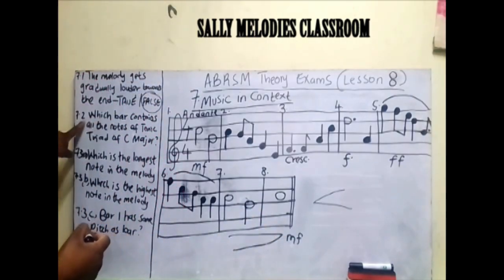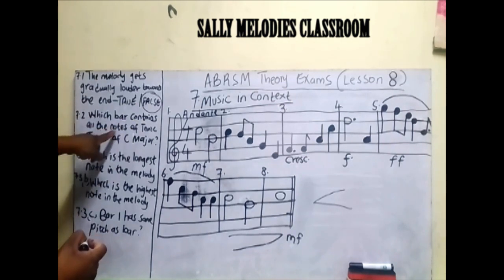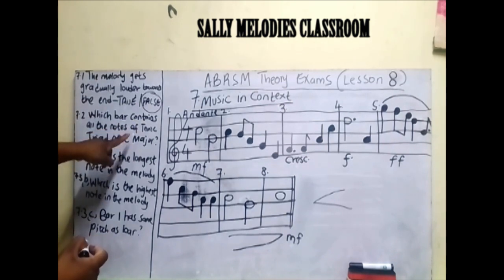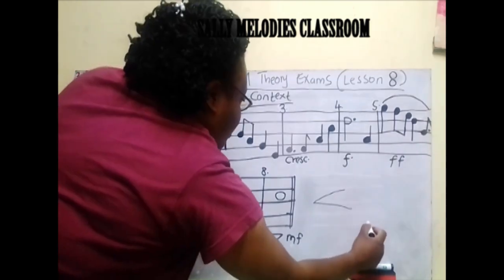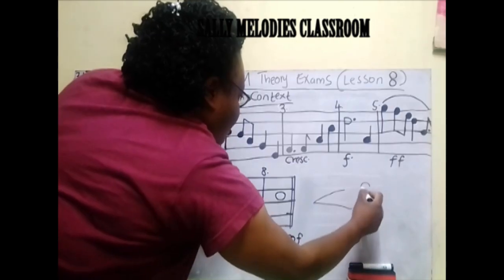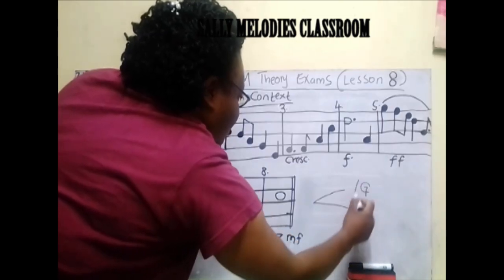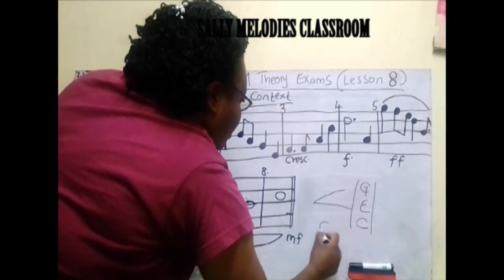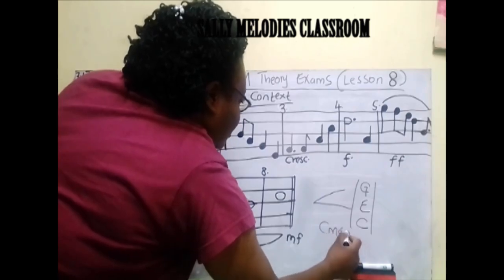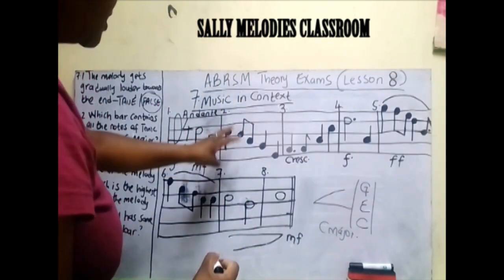And then you go to question 7.2. Which bar contains all the notes of the tonic triad of C major? We have C, we have E, we have G. That is the tonic triad of C major. So you come and check.